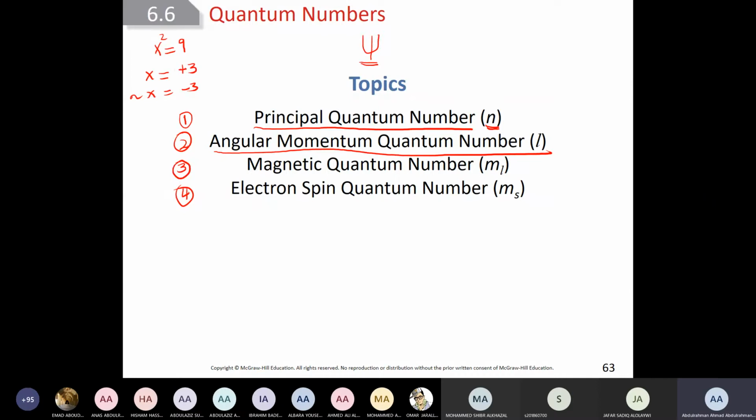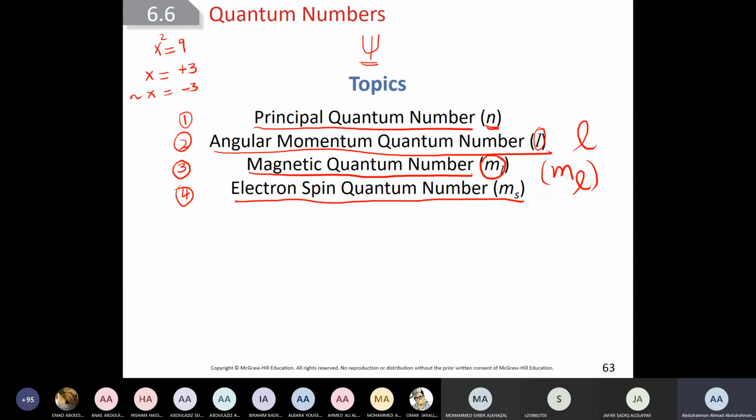We represent it by the letter L. The third quantum number that I want you to memorize is called the magnetic quantum number, M sub L. And the last quantum number is called the electron spin quantum number.